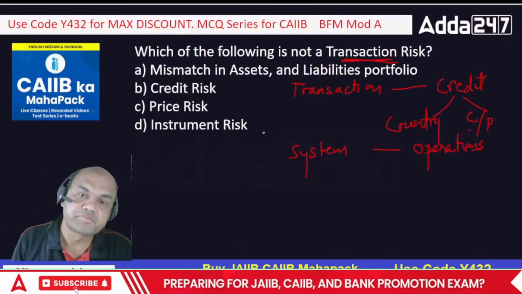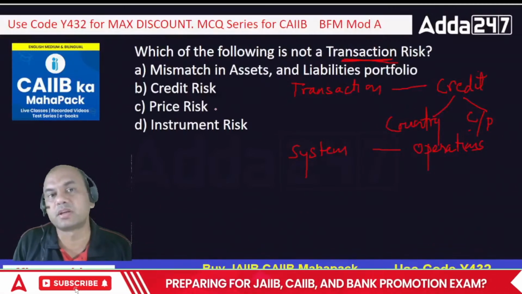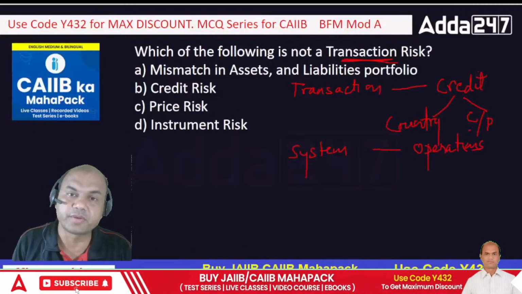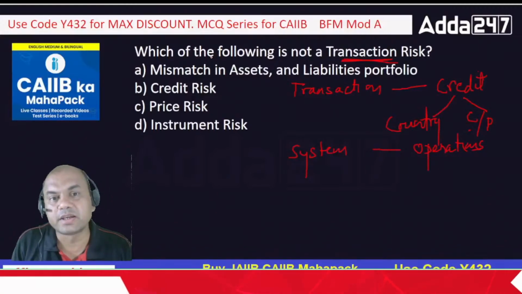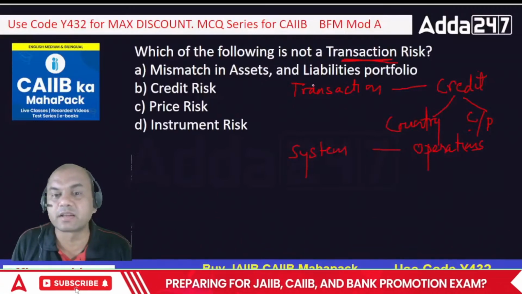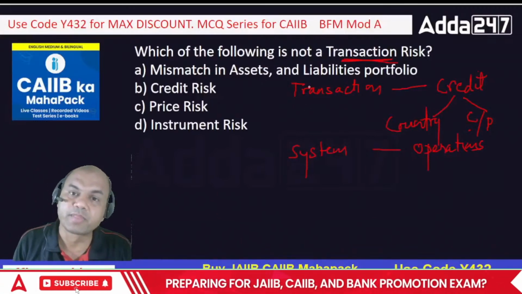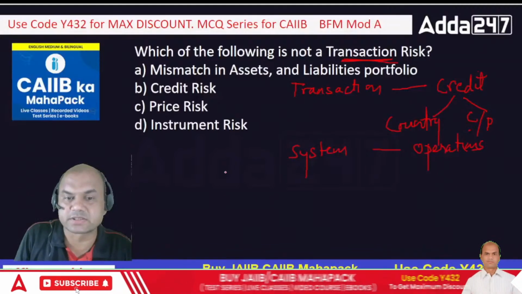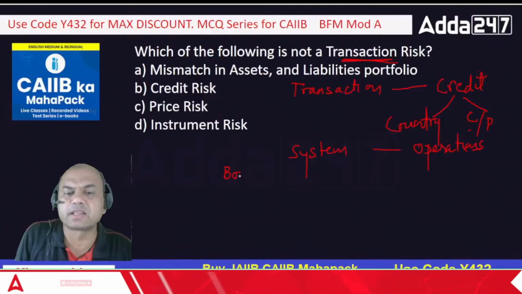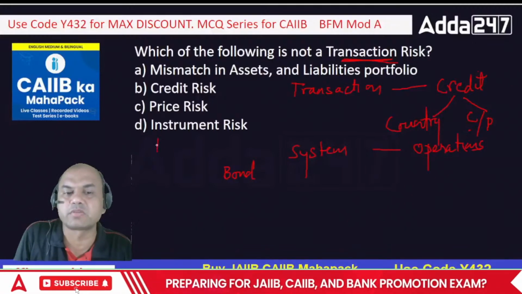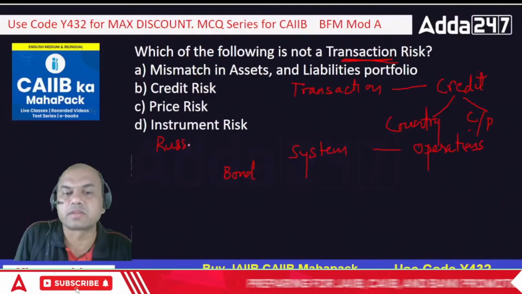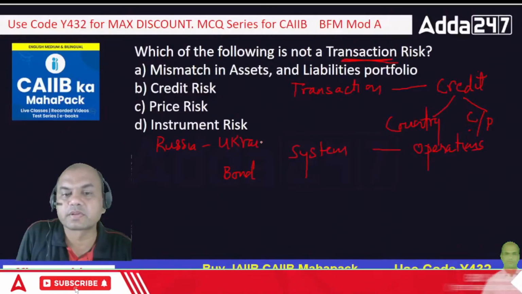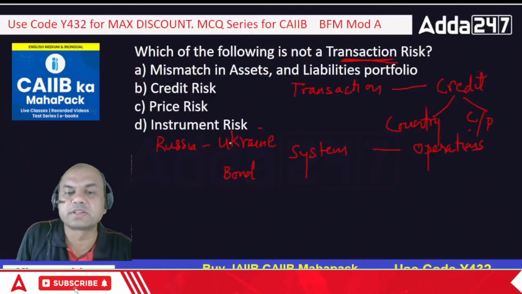But if there is, let's say, the Ukraine and Russia war going on, is that in my hands or is that related to this transaction? No. But because of that, what will happen? I'll give you a simple example of the Russia-Ukraine war only.